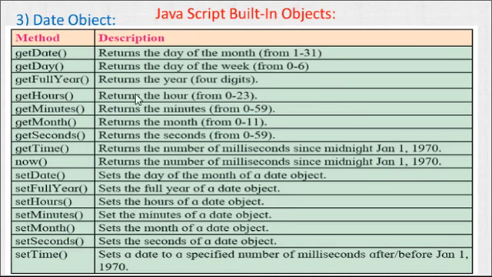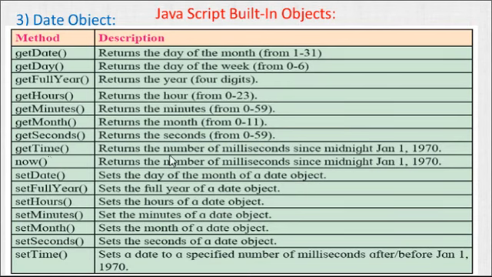Then getHours returns the hours from 0 to 23. Then getMinutes returns the minutes from 0 to 59. getMonth returns the month from 0 to 11. Then getSeconds returns the seconds from 0 to 59.